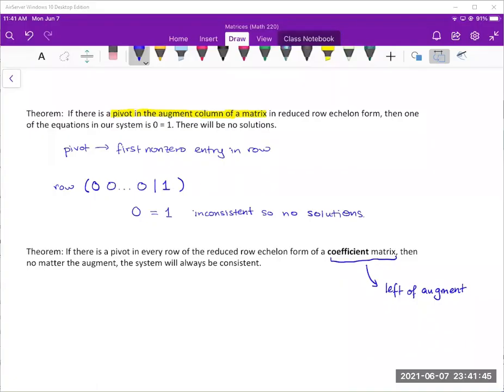Okay, so we see that we're going to have a pivot or a non-zero entry in every row of our reduced row echelon form to the left of the augment.